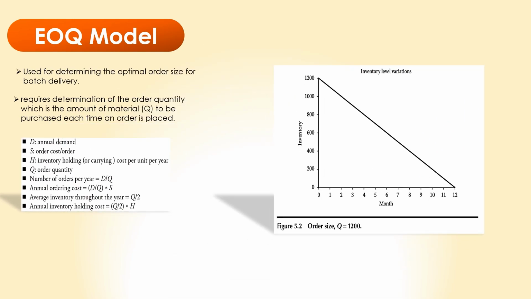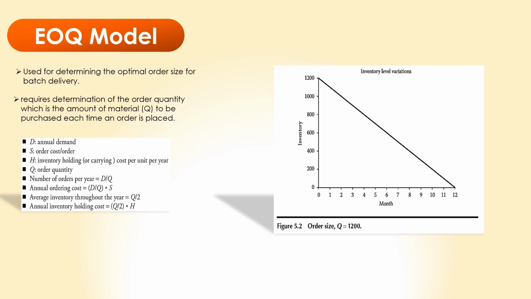Now, paano ba nakuha yung average inventory throughout the year na formula, which is Q over 2? Just take note na in EOQ, the demand is continuous and it has a constant rate.